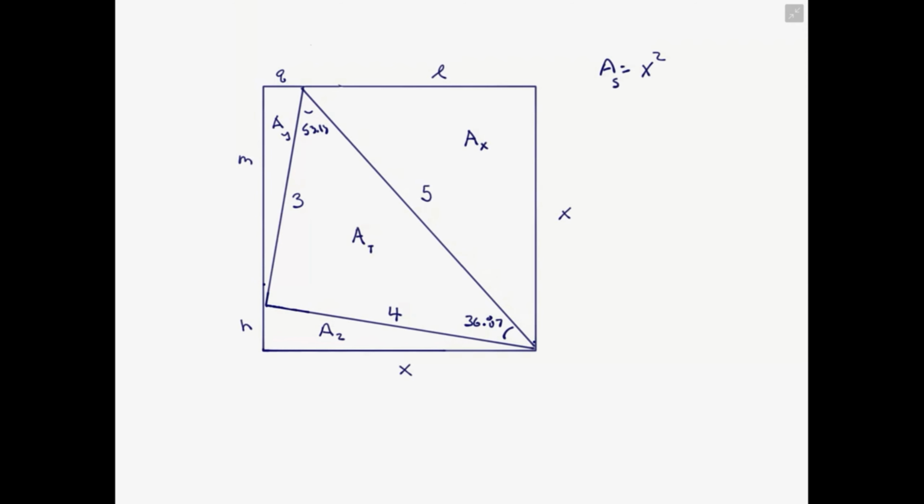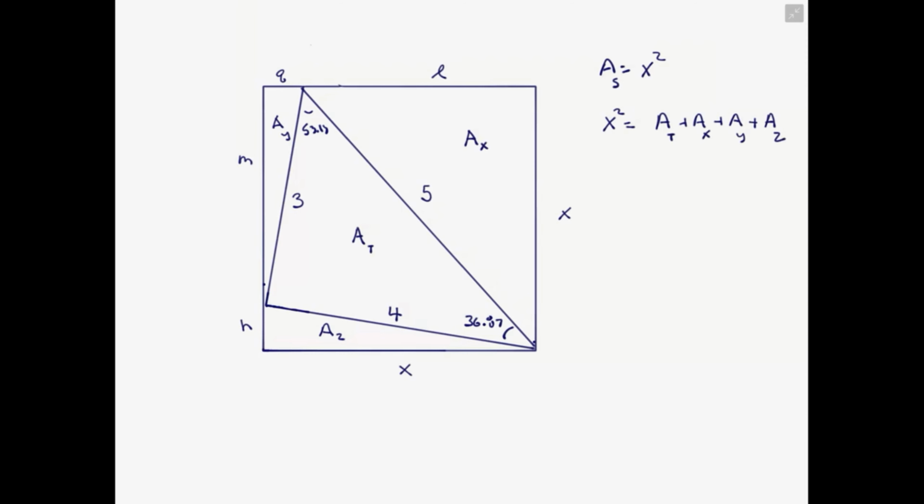And I know that the total area of the square, which is x squared, equals the sum of the area of the triangle, the 3, 4, 5 triangle, plus the area x, plus the area y, plus the area z.